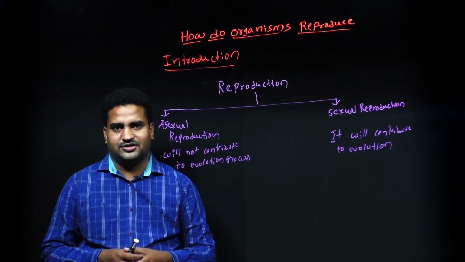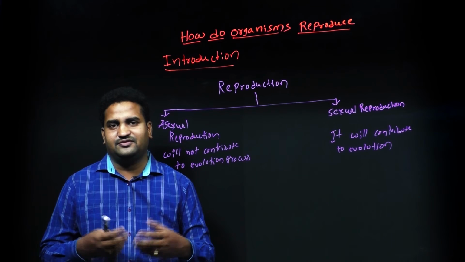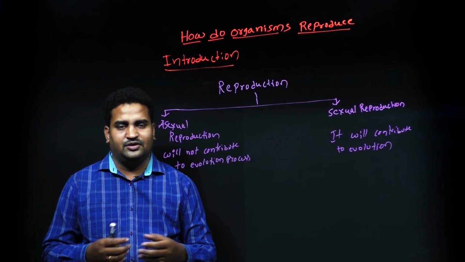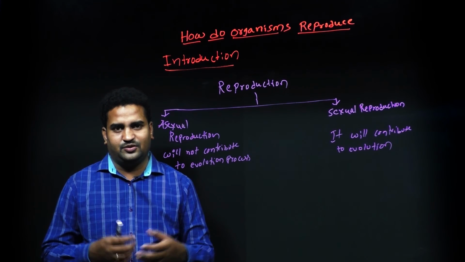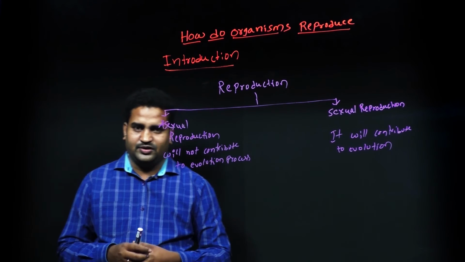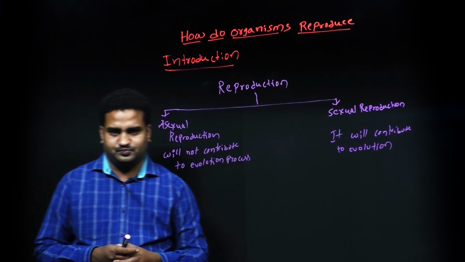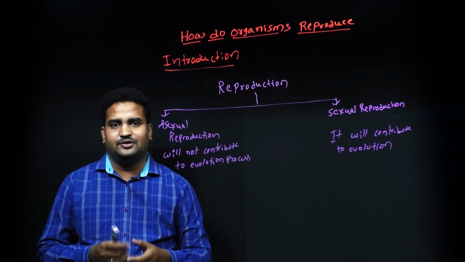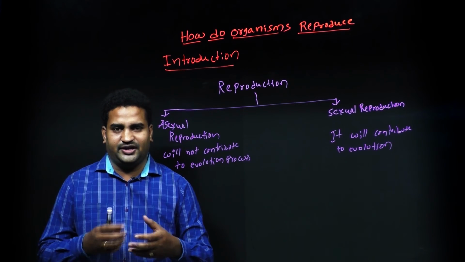In asexual reproduction, there is no formation of zygote since there are no gametes. But in sexual reproduction, formation of a diploid zygote occurs. In asexual reproduction, offsprings are identical to each other and to their parent.